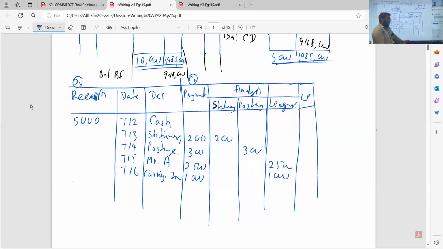After that, the remaining columns you take as you want. Sometimes you will have stationery, sometimes postage, sometimes maybe entertainment. You decide as you want, but make sure to have the sundry. Whatever item is not falling under the other three that you are mentioning, you can put it under the sundry.